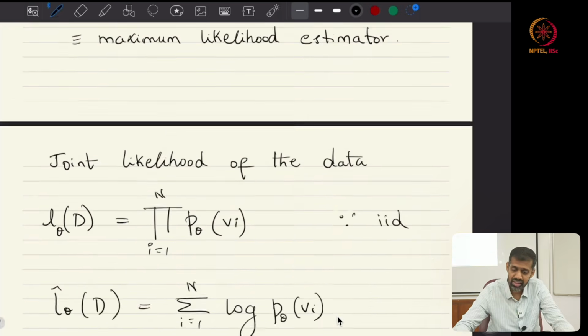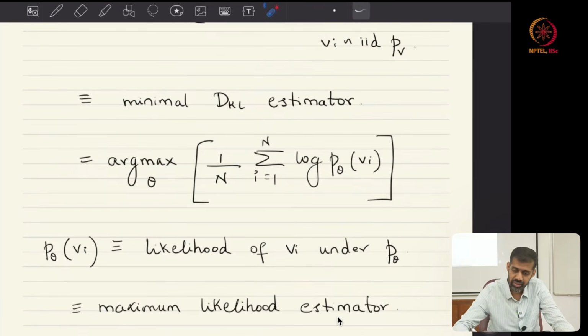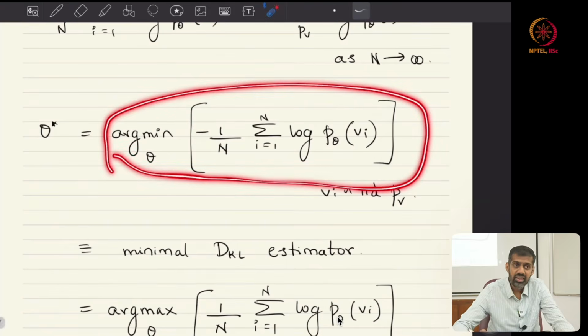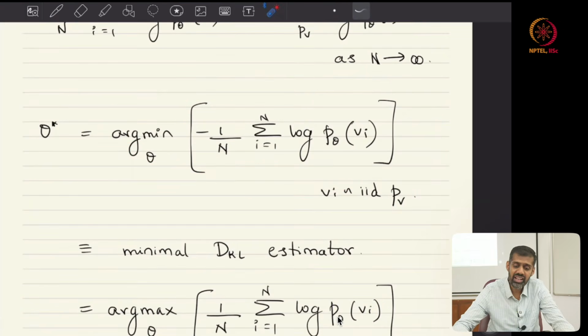And by the way, a bit of nomenclature. See this thing is also called minimizing the negative log likelihood. It's called NLL, negative log likelihood. Minimizing the negative log likelihood.